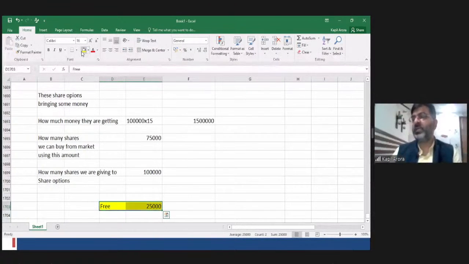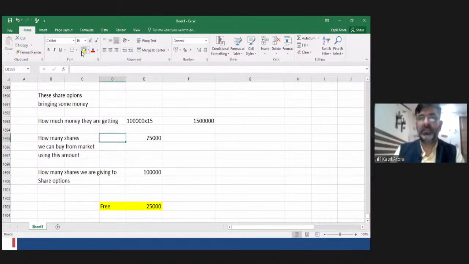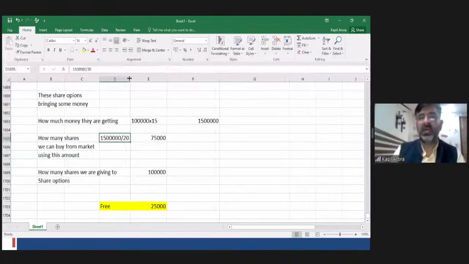How did we calculate? We calculated how much money we have received from these right holders, 15 lakh. What is the market price of these shares? 20. So we get 75,000 shares, but we are giving 1 lakh shares. So 25,000 shares are going for free.